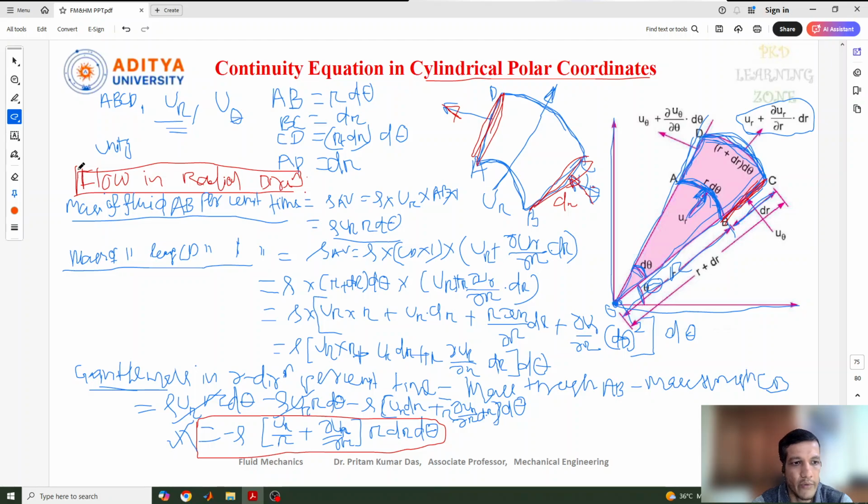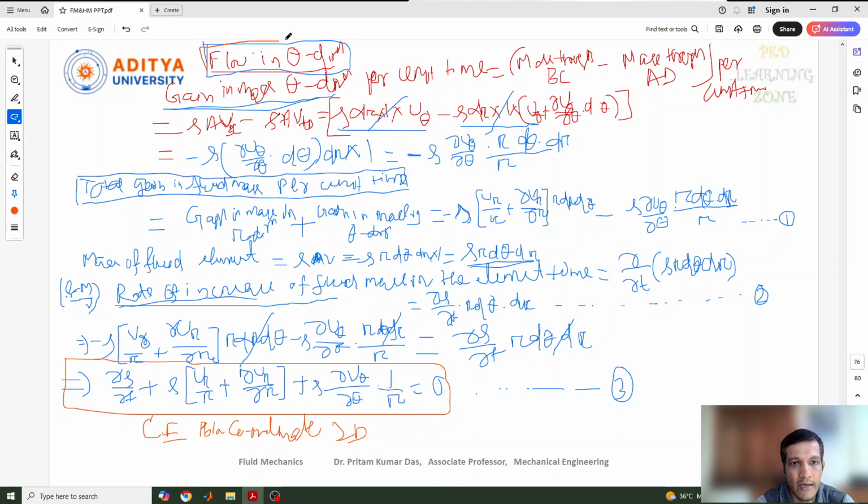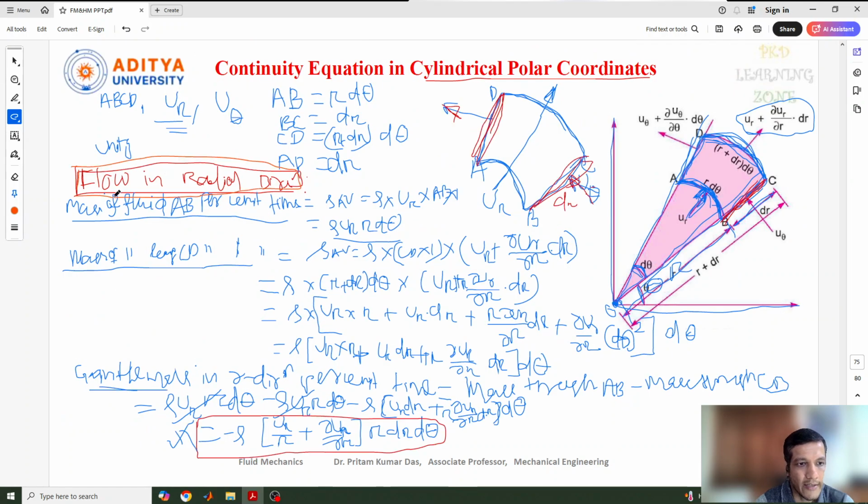One thing, we need to find out the flow in the radial direction. One is flow in the radial direction, another one is flow in the theta direction or the tangential direction. Two things we need to focus on, these two things only. Then for flow in the radial direction, what do we need to consider? In this AB surface, what flow is entering, and at this CD surface in the same direction.